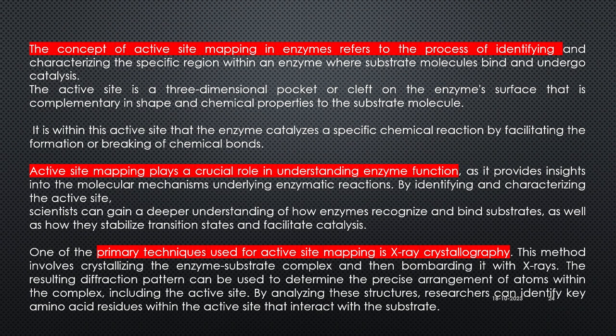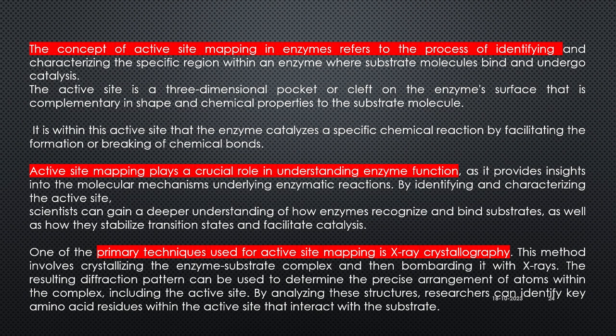It is within the active site that the enzyme catalyzes the specific chemical reaction by facilitating the formation or breaking of chemical bonds. You have to remember why it is facilitated.